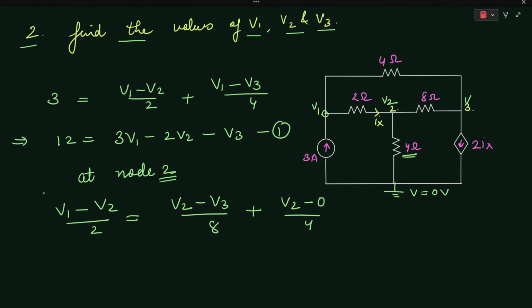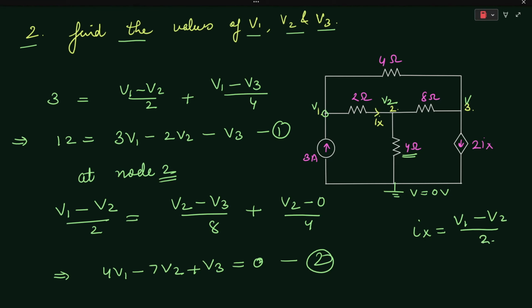On simplifying it, we are getting 4V1 minus 7V2 plus V3 is equal to 0. Let's say this is your second equation. Also, the value of the Ix current is equal to (V1 minus V2) upon 2. Let's say this is your third equation.